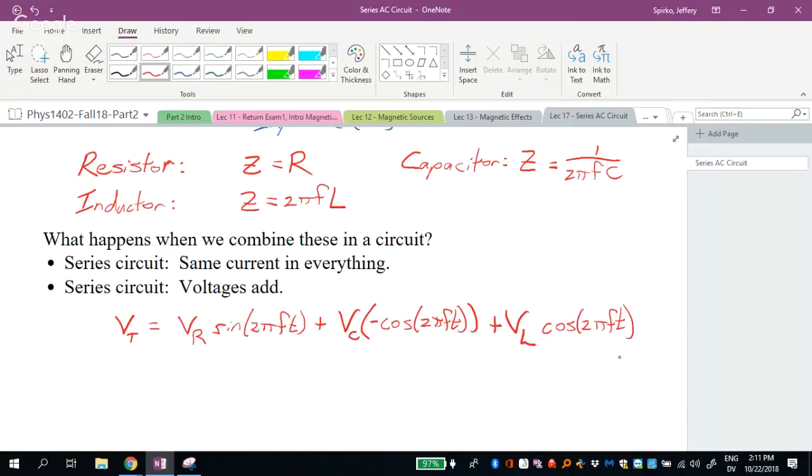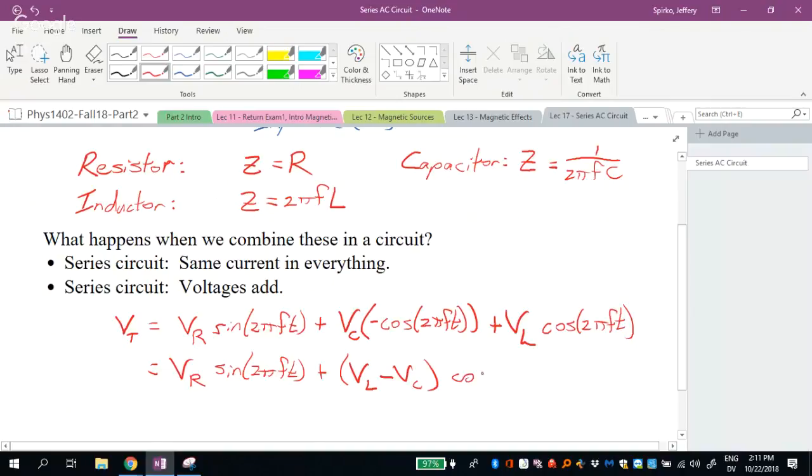That's a little weird. So this turns into V of the resistor times sine of 2 pi ft, plus V of the inductor minus V of the capacitor times cosine of 2 pi ft.